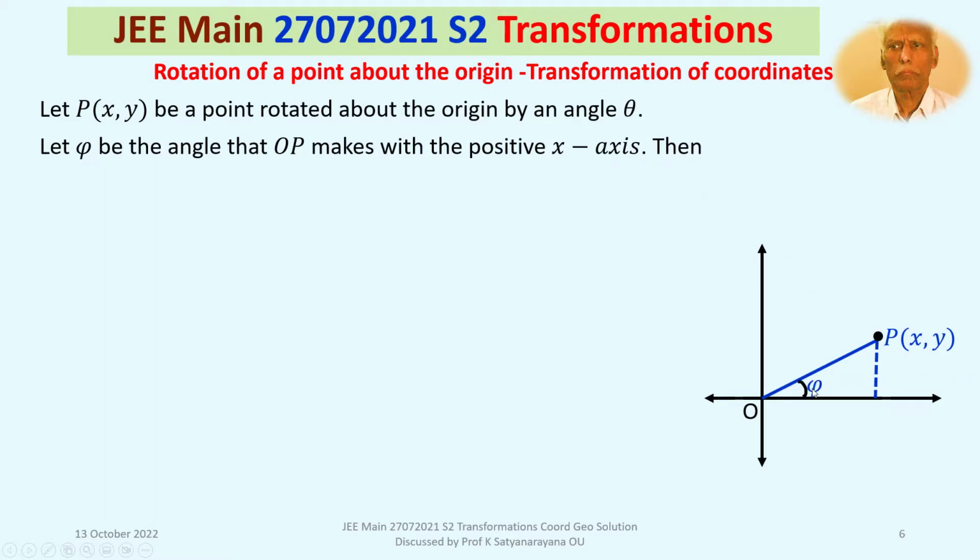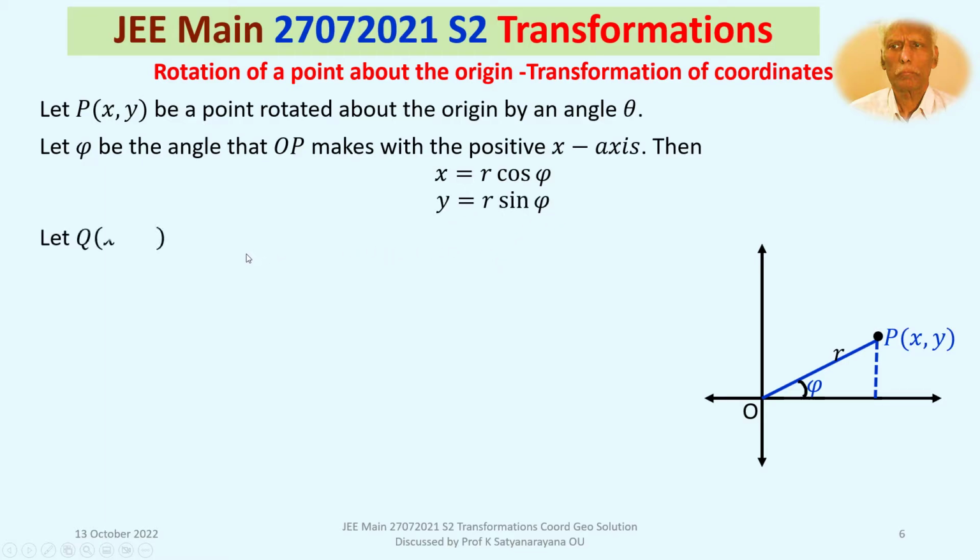And let OP be r, where r is the square root of x squared plus y squared. Writing the coordinates (x, y) in polar coordinates, we get x is equal to r cos phi, y is equal to r sin phi.